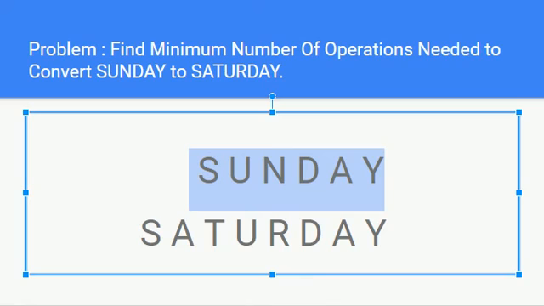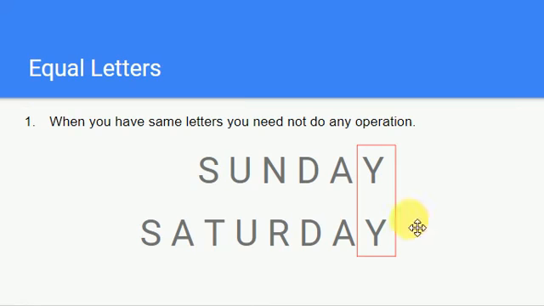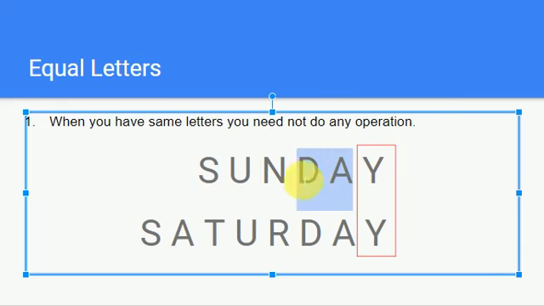Okay, so here, when the two letters are the same, you need not convert anything. As both are the same, you need not convert. So we can ignore these two letters and try to find the minimum number of operations required to convert this string to this string.